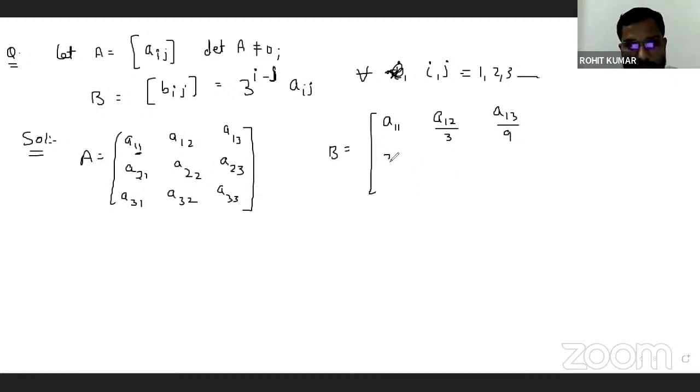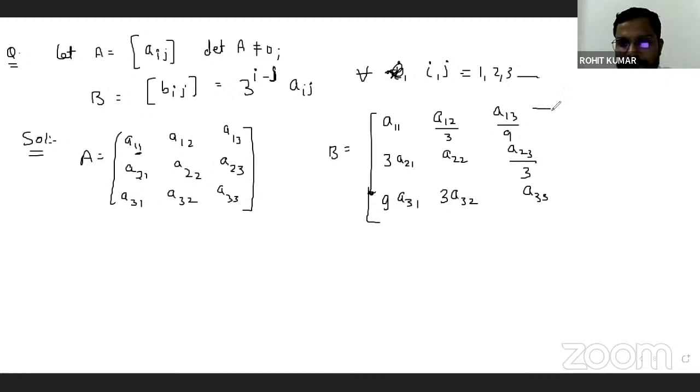Then the second row is 3 A21, A22, and A23 upon 3. Then the third row is 9A31, because 3 minus 1 is 2, and 3 square will become 9. A32 will become 3A32, and this is A33.